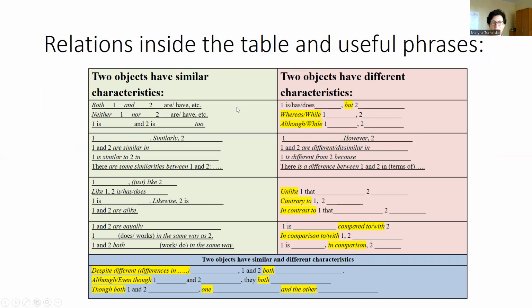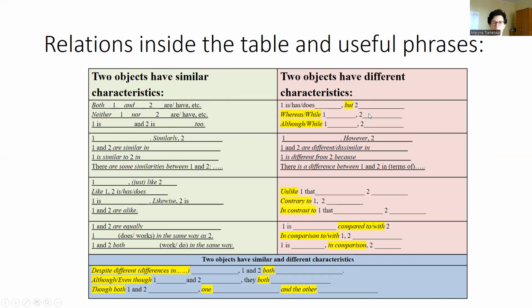So when we have the table, for comparison we usually see these three types of relations inside the table. The two objects have similar characteristics, and then we use these words. Then two objects have different characteristics, and then we contrast them.